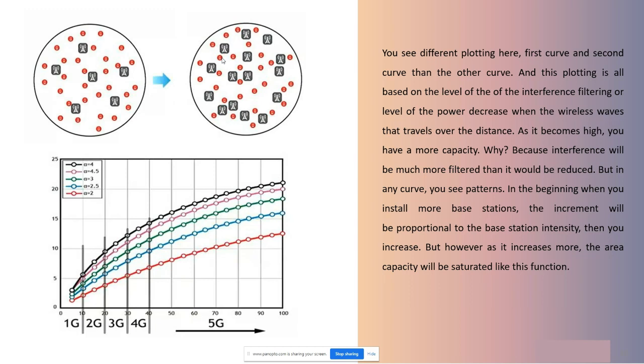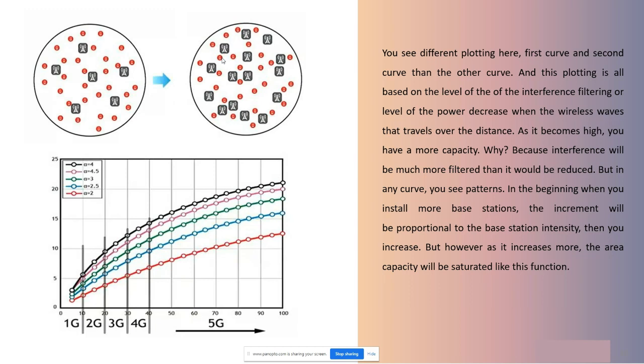So, we are now in the world of 5G system, where user demand is increasing day by day. So the answer is, installation of more base stations is not enough, so we need to have another technique to improve the area capacity, which will be handled in the next question.